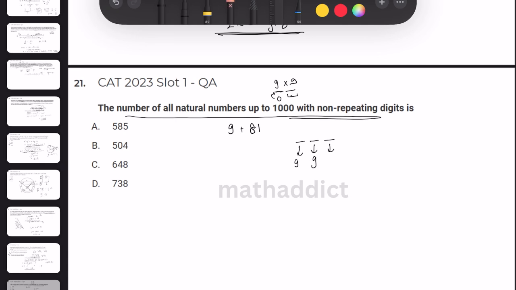Again here I can have any digit from 0 to 9, minus the 2 numbers which I placed here, so it is 8. This is 81 times 8, so this becomes 81 times 9 plus 9, which becomes 82 times 9, which is 738. So the answer is D.